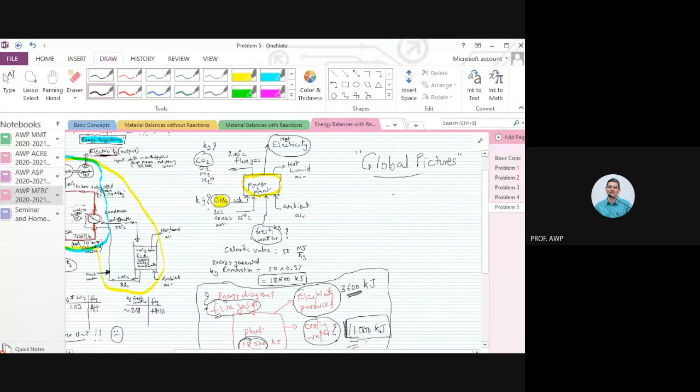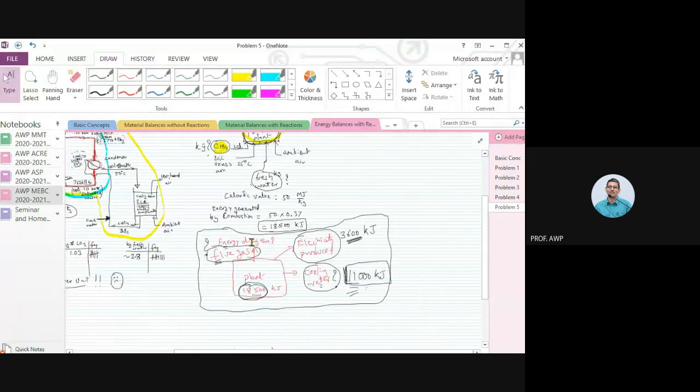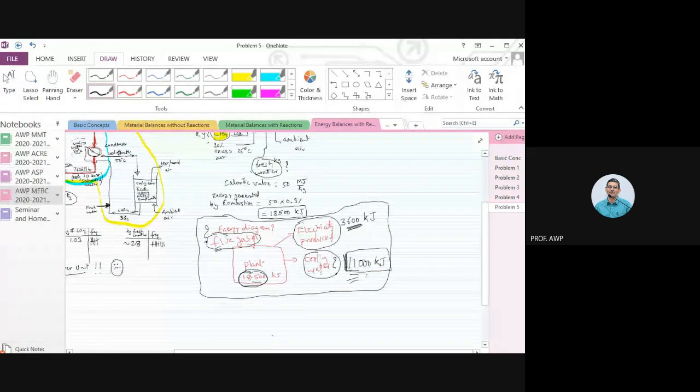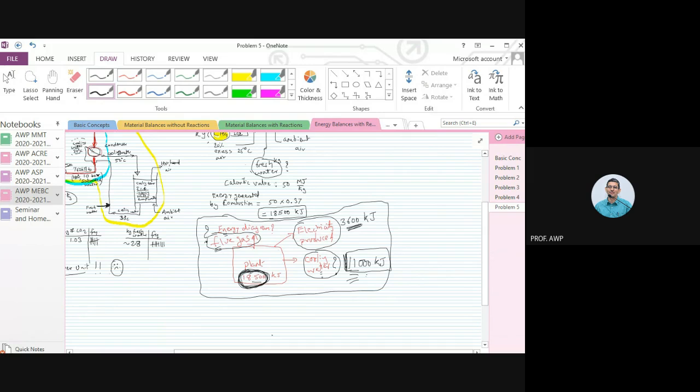Now it's time to look at a global picture. Try to look at what happens in terms of materials in the whole plant, what happens in the form of energy in the whole plant. And then once you figure out overall where your energy is getting lost, you can think about ways of improving the plant performance.